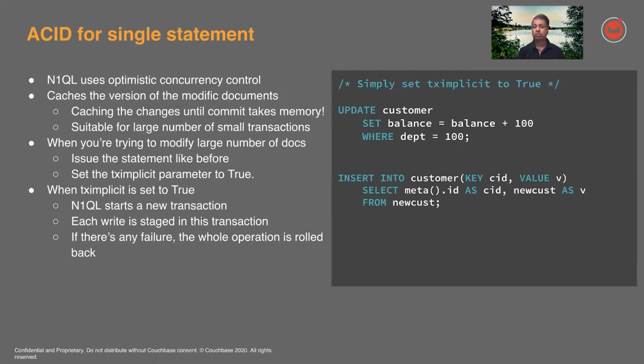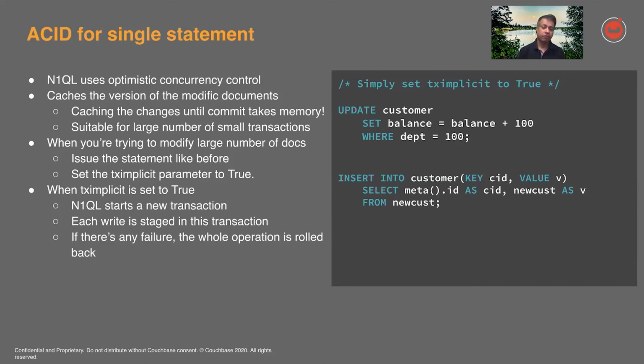So in the previous approach, like I said, when we do any modifications to support read-your-own-writes, statement level atomicity, and so forth, we cache the changes that you have done within the transaction until the transaction is committed.